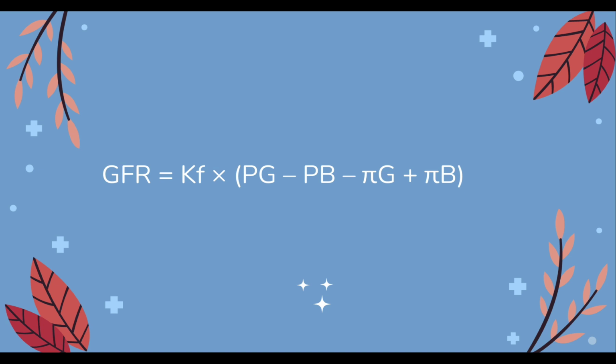So, how do we calculate the glomerular filtration rate from these values? We have to multiply Kf, the glomerular capillary filtration coefficient, by the value we get when we subtract Pb, the hydrostatic pressure in Bowman's capsule, and πG, the colloid osmotic pressure of the glomerular capillary plasma protein, from the glomerular hydrostatic pressure, and then add πB, which is the colloid osmotic pressure of proteins in Bowman's capsule.